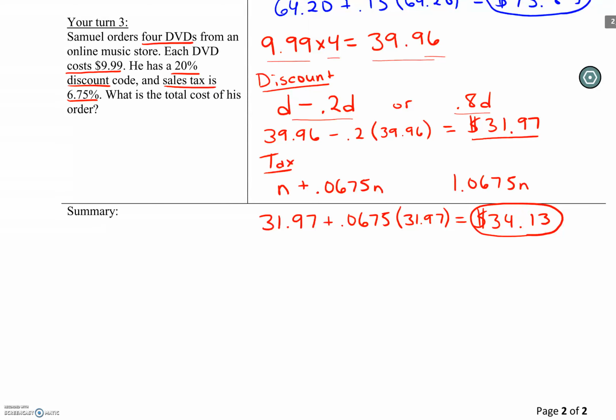From there, we found an answer, $31.97. That is the amount after the discount. And we used that to find the new price after the tax of 6.75%. 6.75% as a decimal was 0.0675. We multiplied that by the $31.97 that we got in the discount step, and that gave us our final answer, when we added it to the $31.97, of $34.13.